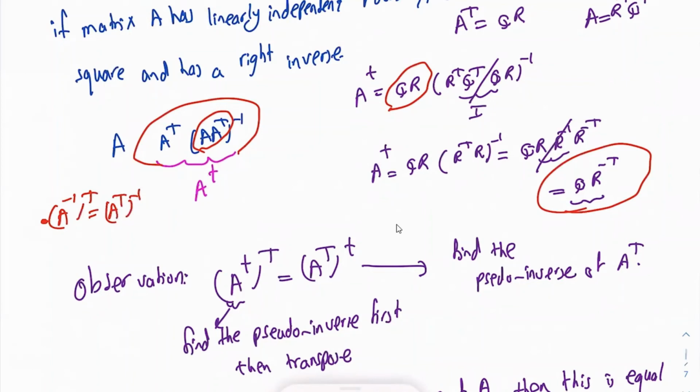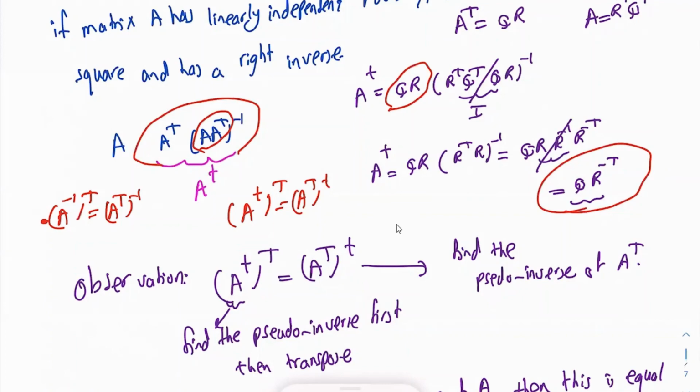Consider this pseudo inverse to be similar to inverse. They are not the same, but consider them to be similar. So it turns out that one of the interesting properties is that A pseudo inverse transpose is equal to A transpose pseudo inverse.